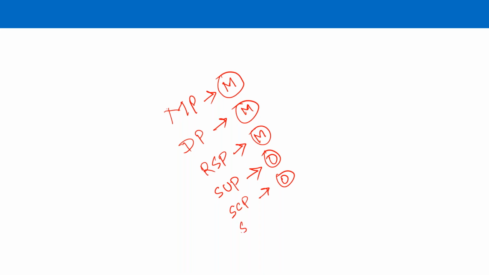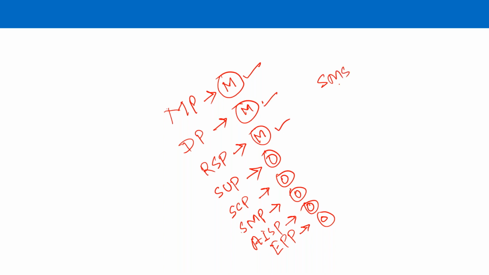Then we have state migration point, optional, right? Then we have asset intelligence synchronization point, optional. And then we have endpoint protection point. Optional. So these are mandatory: management point, distribution point, SMS reporting services point. We have SMS provider, right? Optional, right?